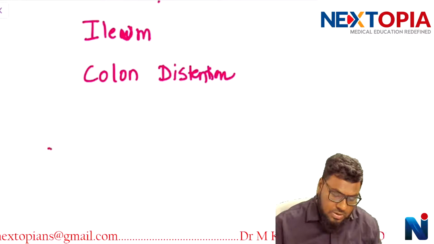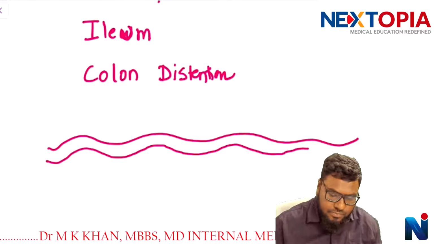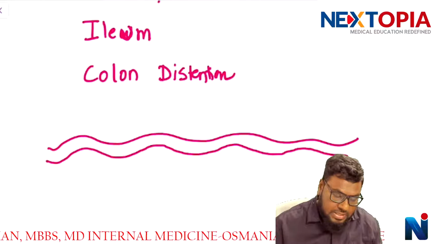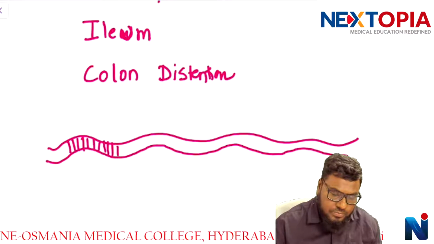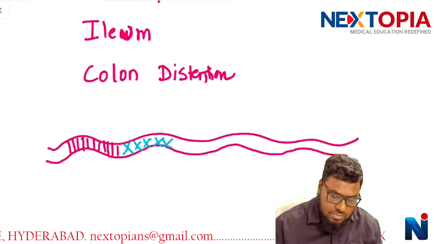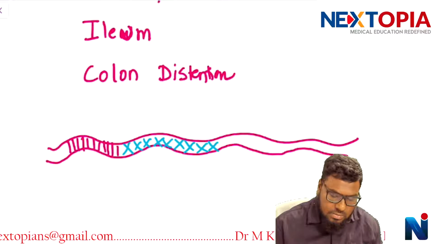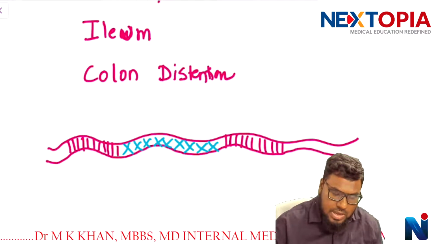Say suppose this is the small intestine. In this small intestine, this area is contracted and the rest of the area is relaxed. Again, this area is contracted and this area is relaxed.